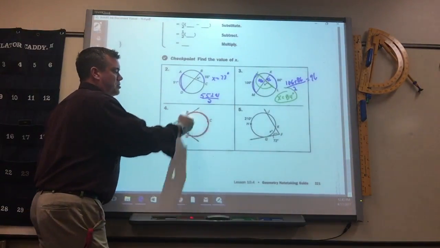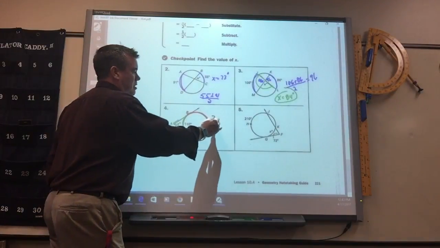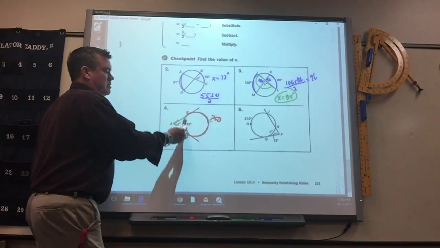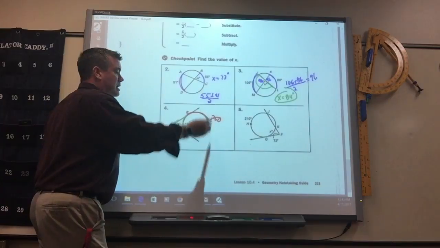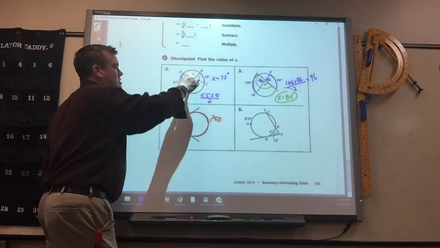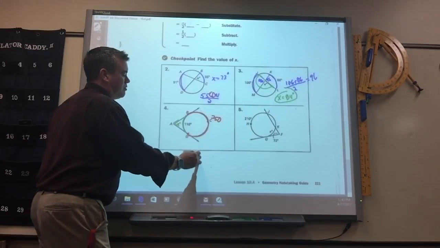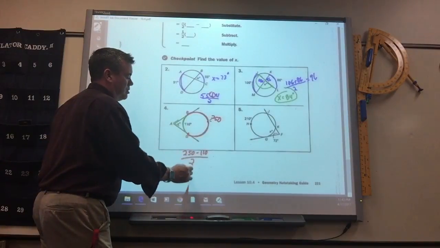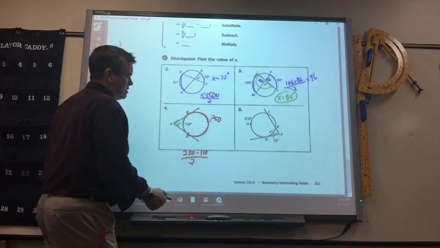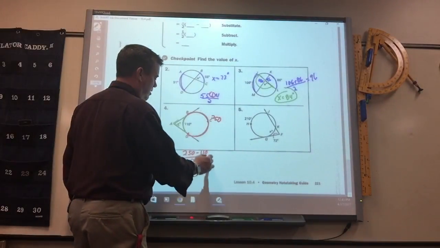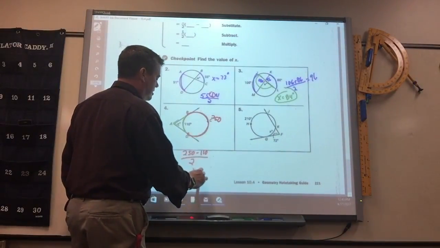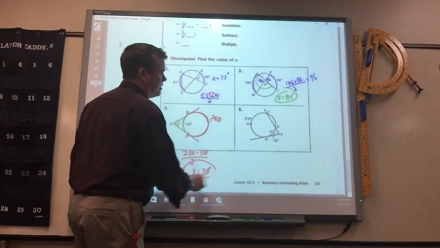So the whole thing is 360, so that means this has to be 250. Yep. 360 minus 110. So again, you got to remember when it's inside, you add them. When it's outside, you subtract. 250 minus 110 divided by 2. So that would be 70. Yep. So x is 70.